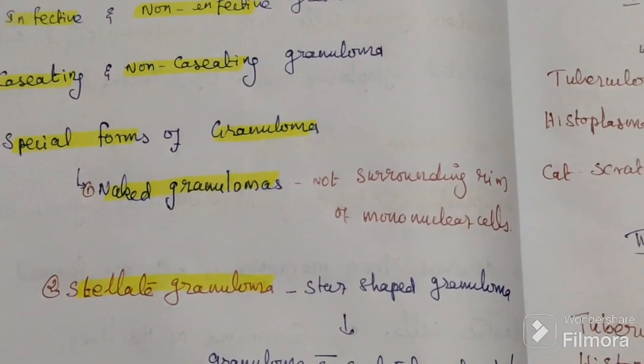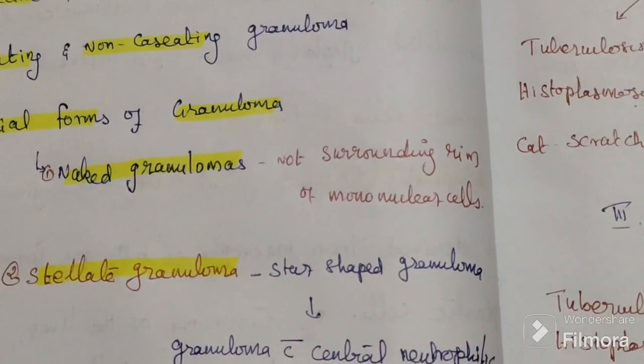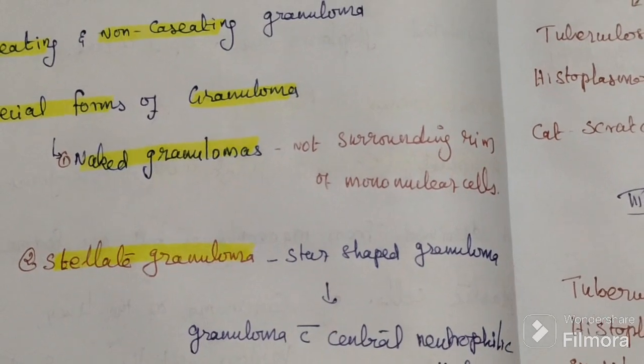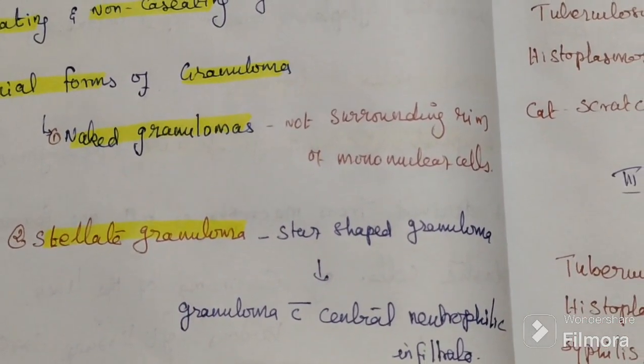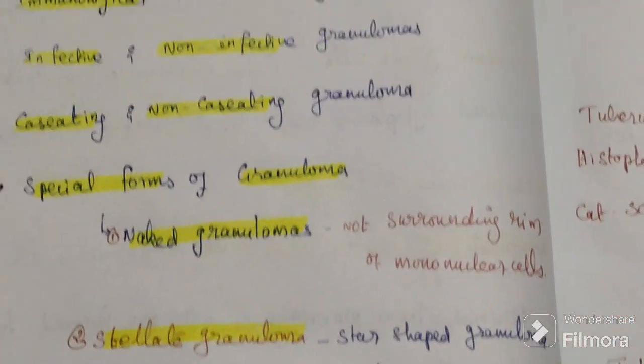The necrotizing granuloma is not surrounded by a ring of mononuclear cells. The stellate granuloma is typically star-shaped, a granuloma with a central neutrophilic infiltrate.